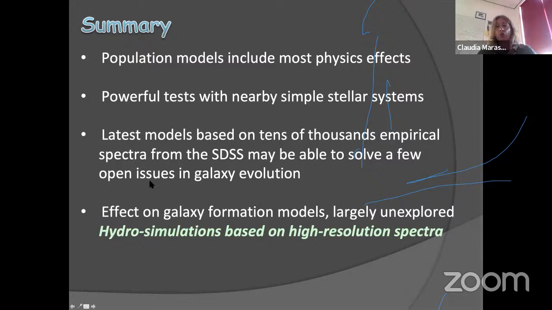I told you about our effort in having tens of thousands of empirical spectra as ingredients for the model. We hope we may be able to solve a few open issues in galaxy evolution, but this is not all. One topic that is highly interesting to me is to try to improve more and more galaxy formation models in order to have compelling answers on the cosmology of the universe. Thank you very much for your attention.